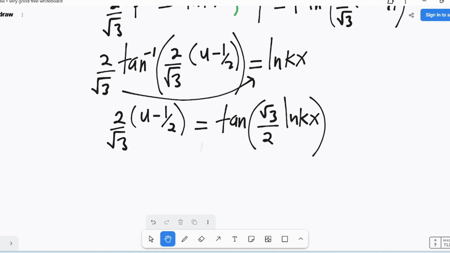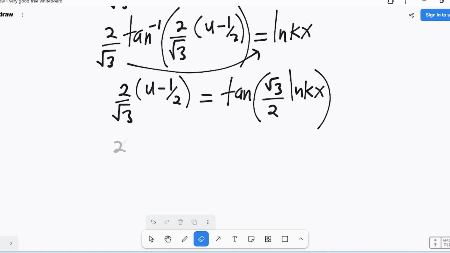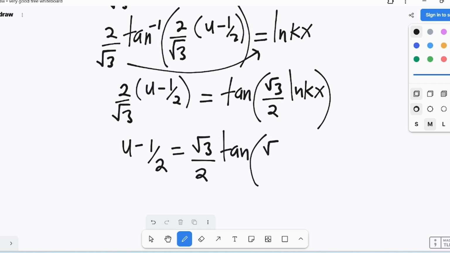You can even put this 2 out of root 3 the other side. So we have u minus a half is equal to root 3 out of 2 tan of root 3 out of 2 ln kx. Yeah, like that.